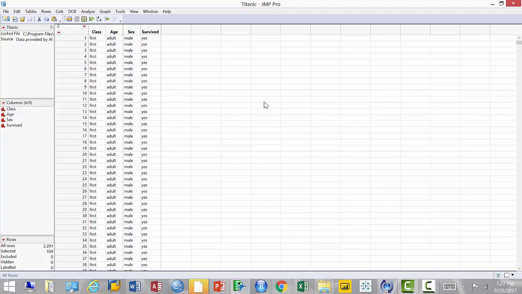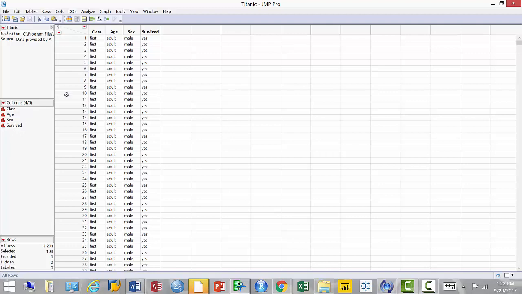So my predictors, class, age, and sex were nominal, and my survived was categorical, which is why, by the way, I used a classification tree in the first place. It classifies observations into class 1 or class 2. So when I'm using a classification tree, I must have the target as a categorical variable. That's a given. But my predictors do not have to be categorical.